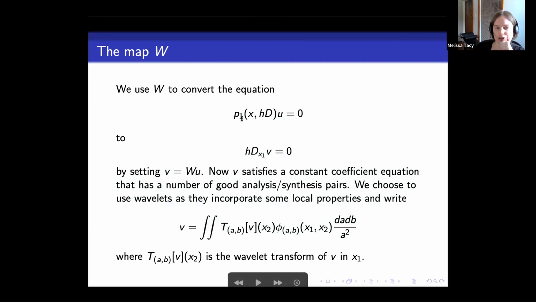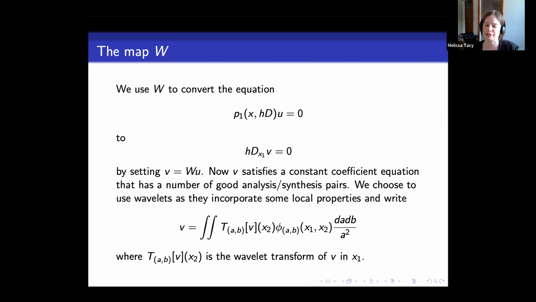So I'm going to say I've got P1 of u is equal to 0, and I'm going to convert it to the equation h dx1 of v is equal to 0 by setting v is equal to w of u. And so now I want to do an analysis synthesis of v. And because it's a constant coefficient equation, there are lots of good options. The one I'm going to choose to do is wavelets.